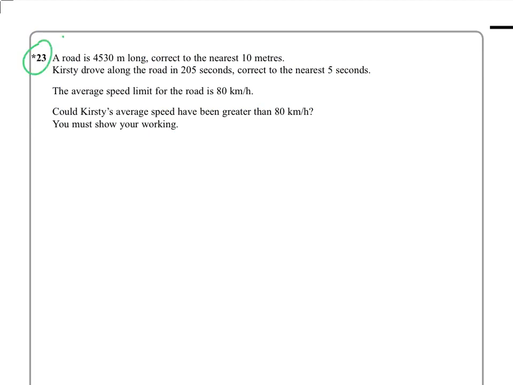These are not easy questions, these ones here, so you have to have your wits about you. A road is 4,530 metres long, correct to the nearest 10 metres. Now, this is all under upper and lower bounds.